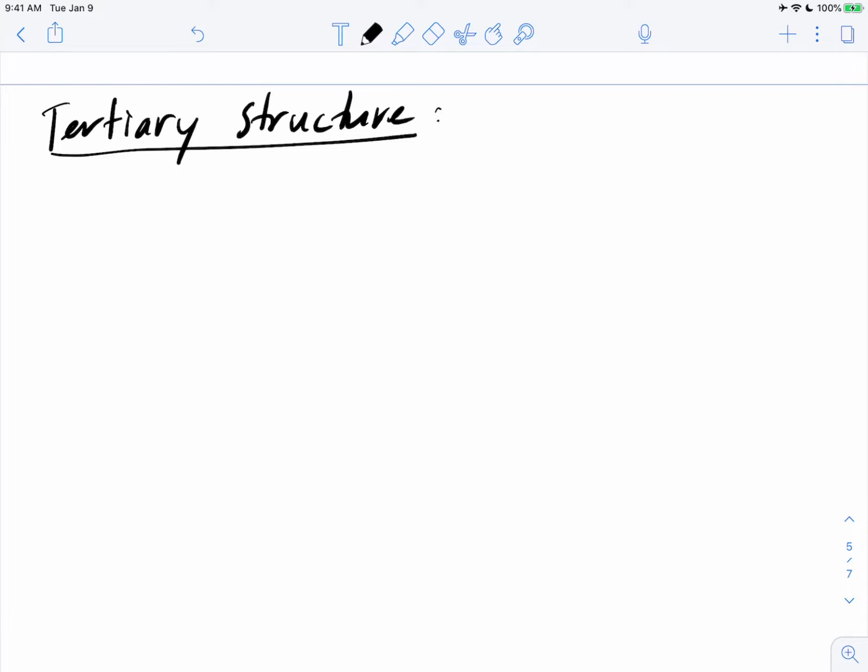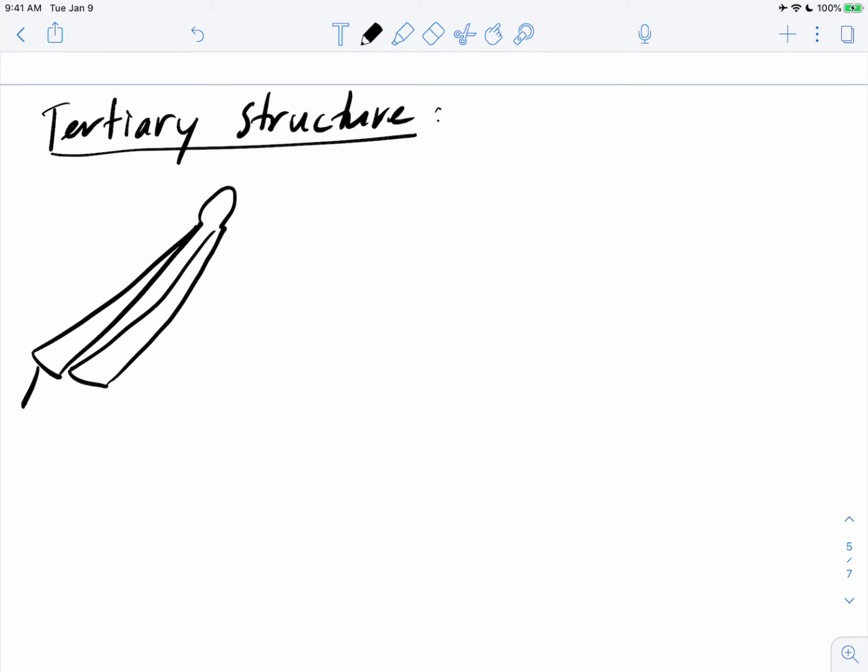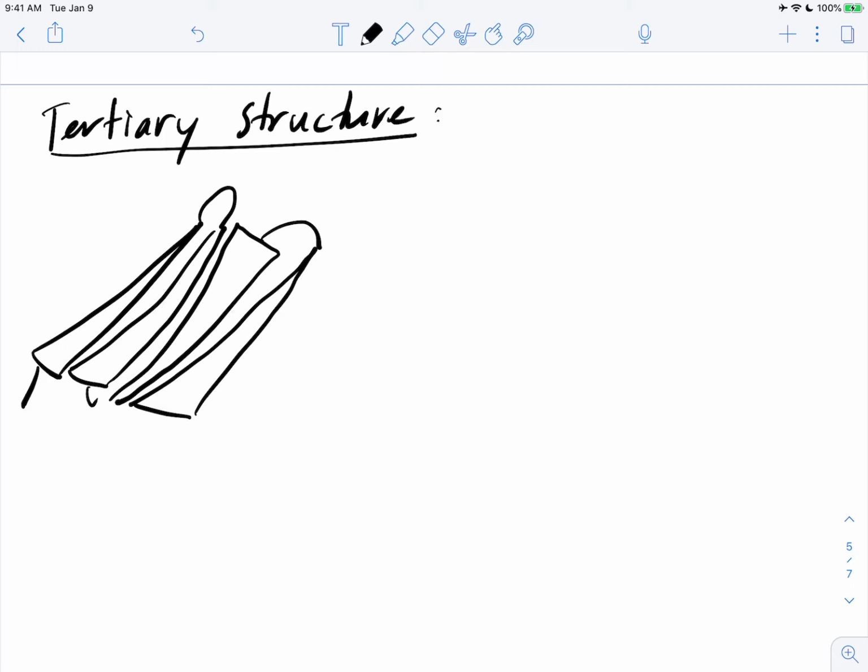And so we're going to represent the beta pleated sheets. So we could have a beta pleated sheet that looks like this, and then loops around and comes back down, and we have another beta pleated sheet that loops, and then we have a beta pleated sheet like this, comes around, and another beta sheet that comes like this, loops around.